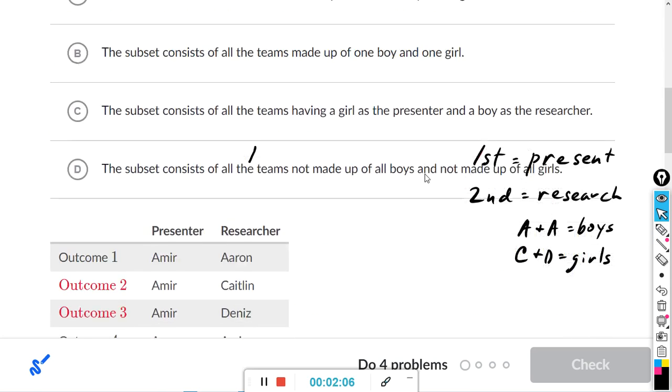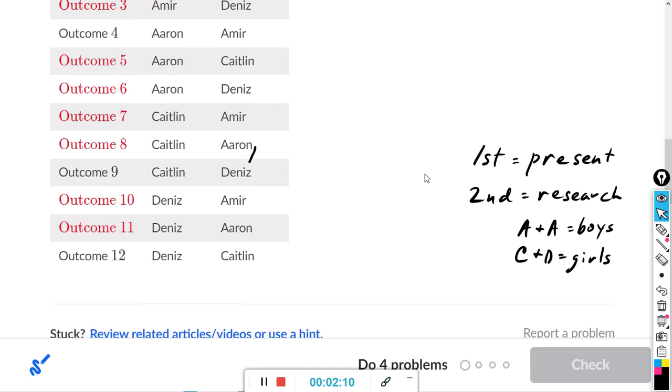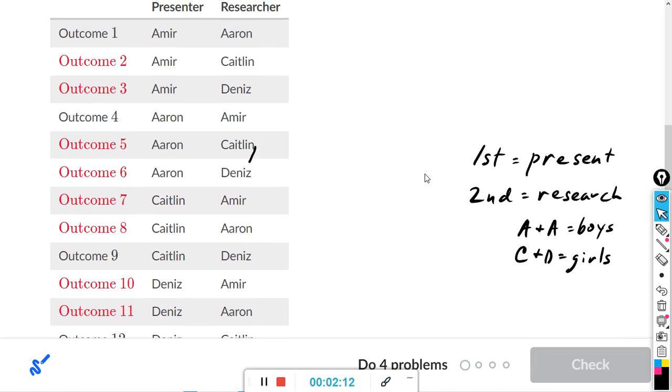So it's the ones highlighted in red. For Amir and Caitlin, it's boy-girl. And for Amir and Denise, it's boy-girl.